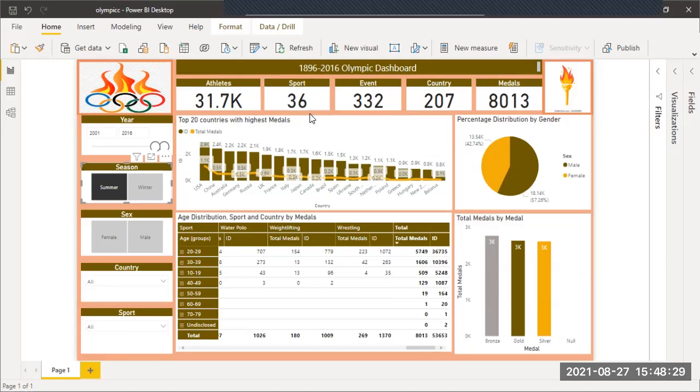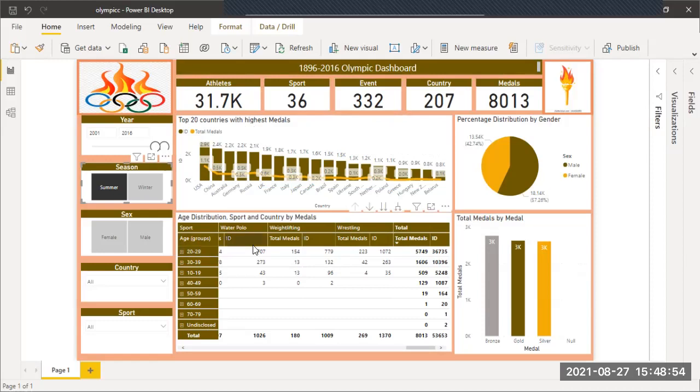We have 36 sports that were introduced in the summertime in the year 2001. We have 332 events for that year. The US is the top in the chart, but this time closely followed by China.